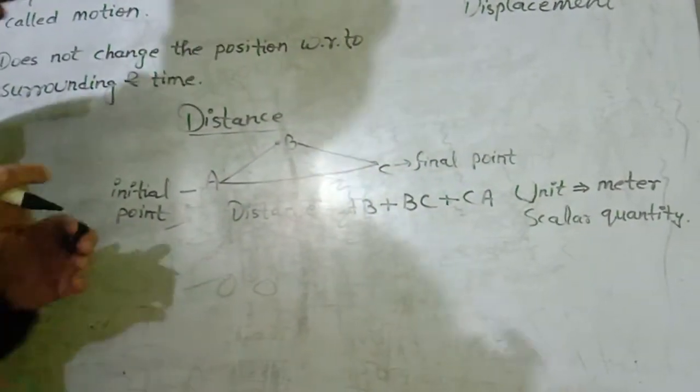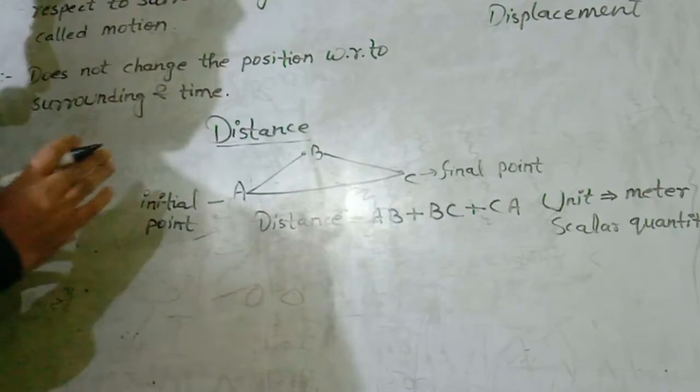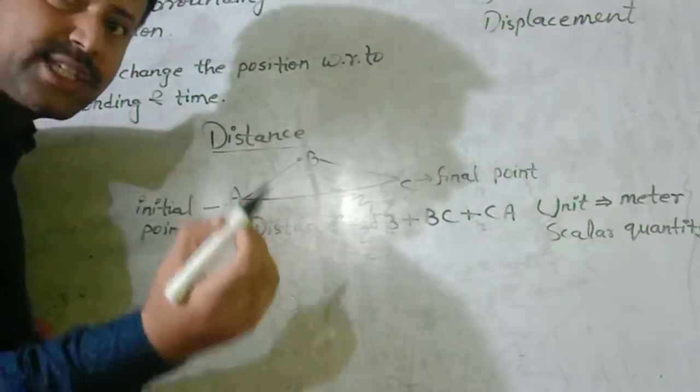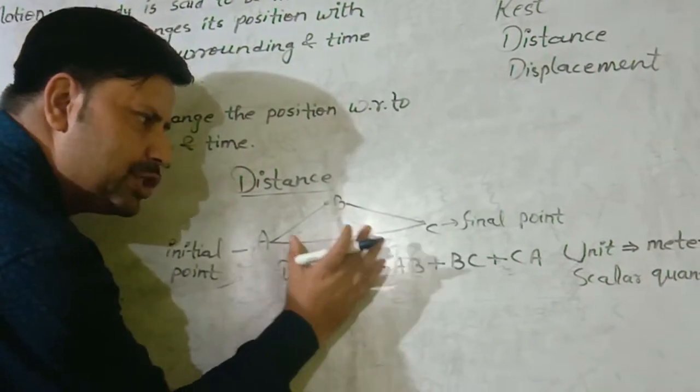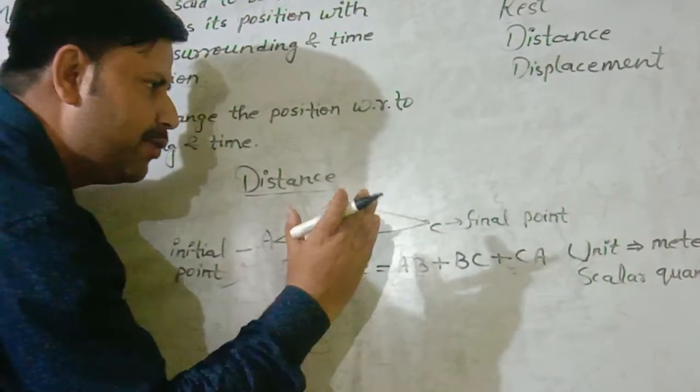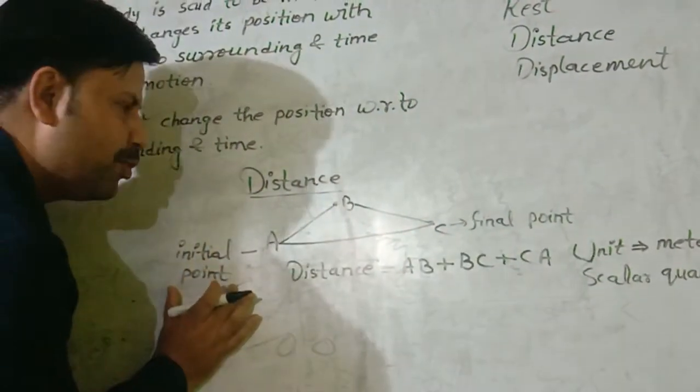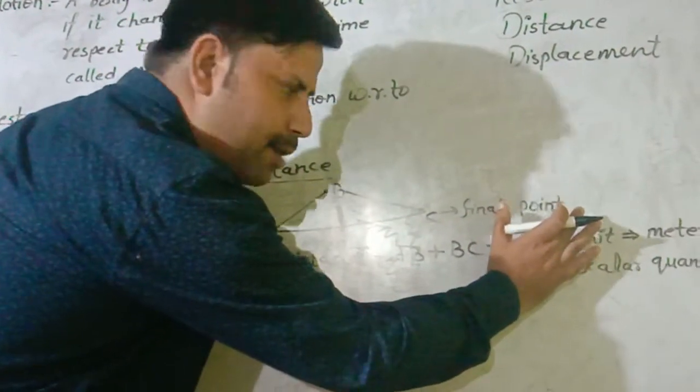So we can define displacement as the shortest distance between the initial point and final point.